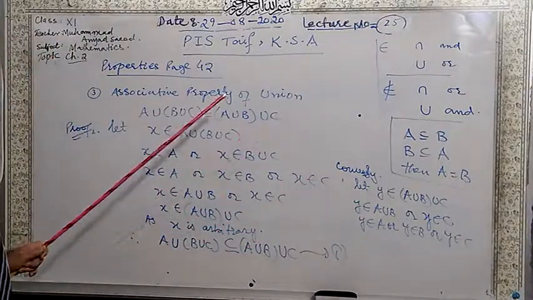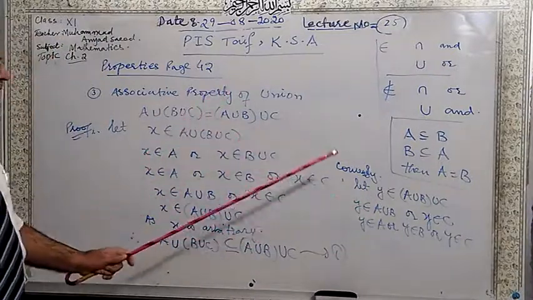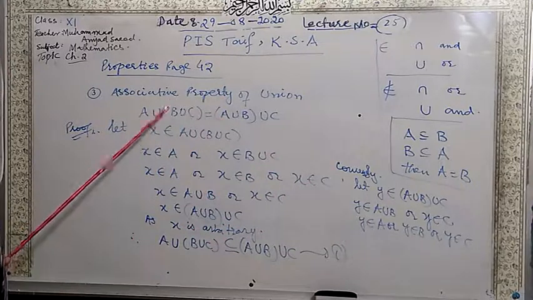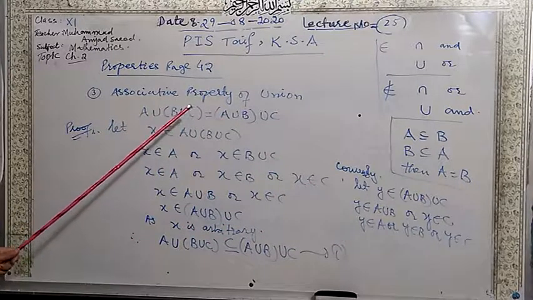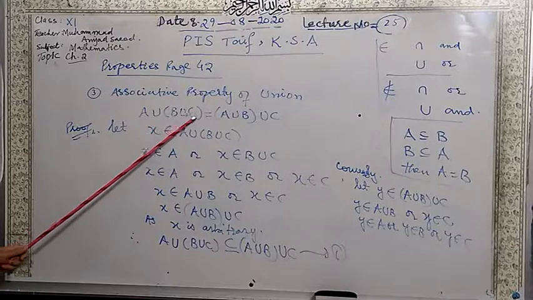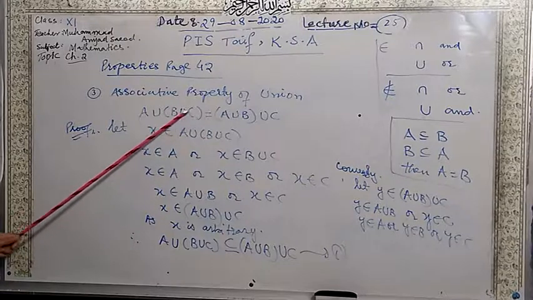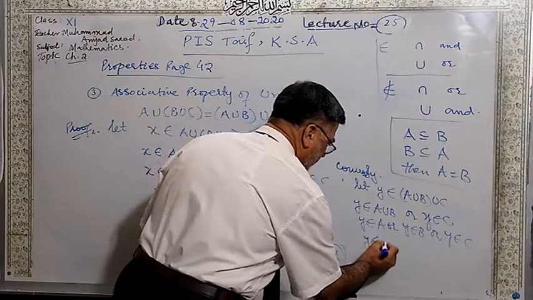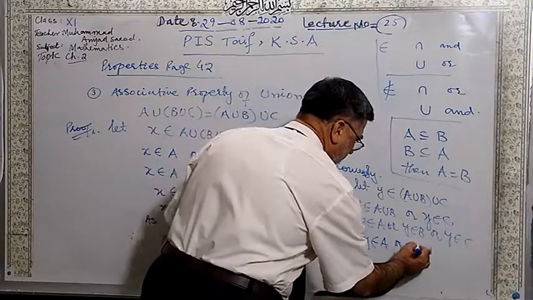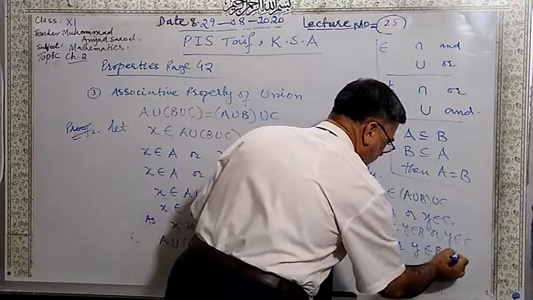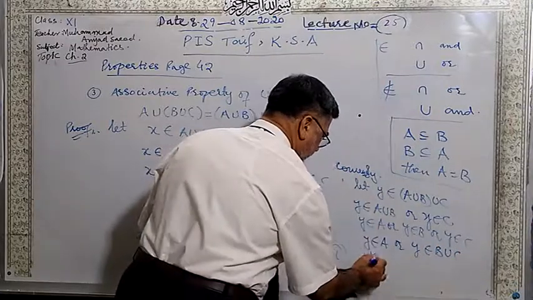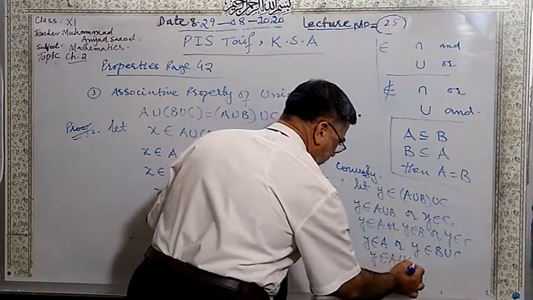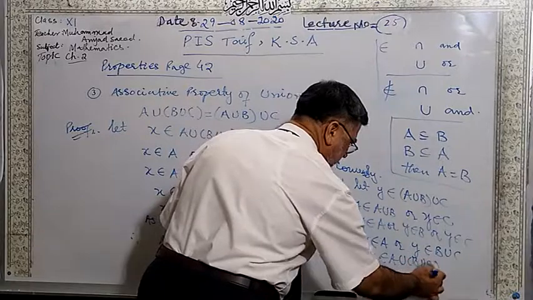You took this Y to the right hand side. Now come to the left hand side and check which sets are combined here. A and B are combined. So reverse process, Y belongs to A union B or Y belongs to C.